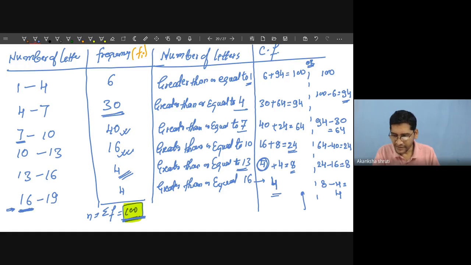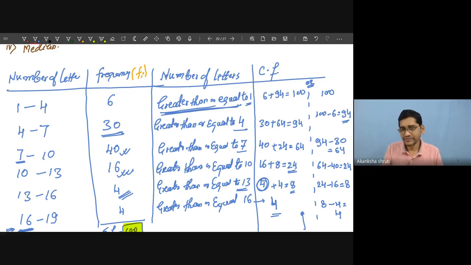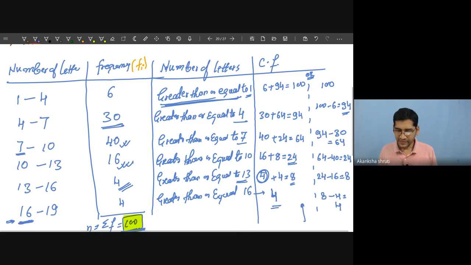So this way the cumulative frequency for the greater than or equal type is calculated. So this is called your greater than or equal type table.